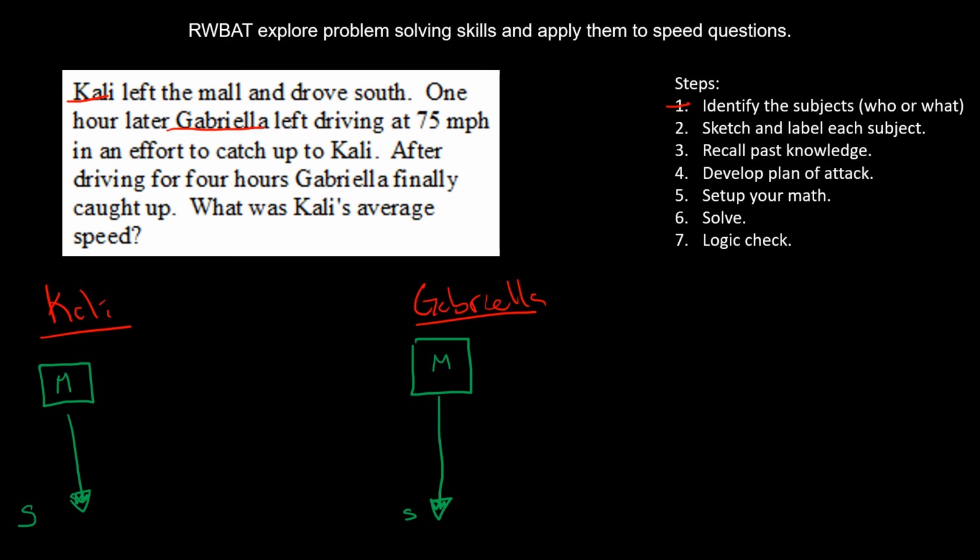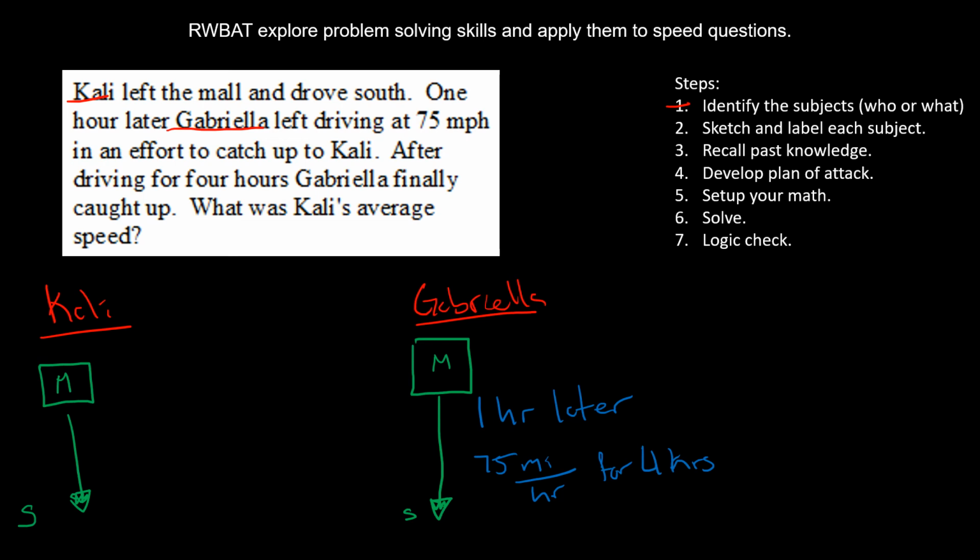But there's some extra facts here. They tell us that Gabriella leaves 1 hour later, and that she's traveling at 75 miles per hour. Okay? And she does this for 4 hours.